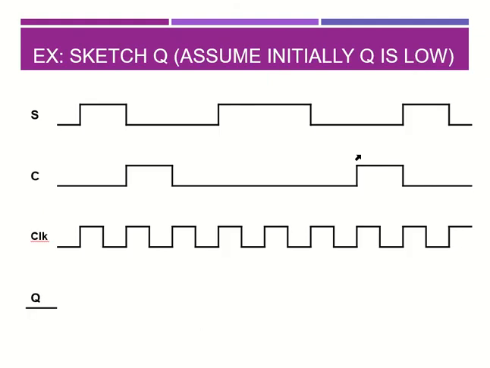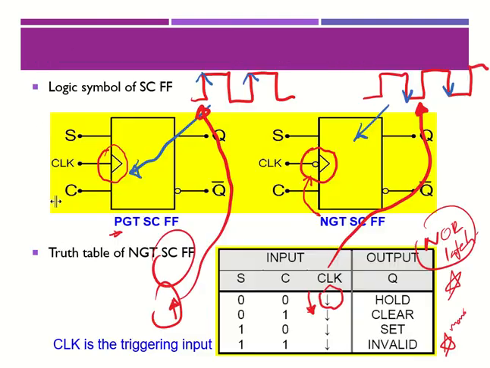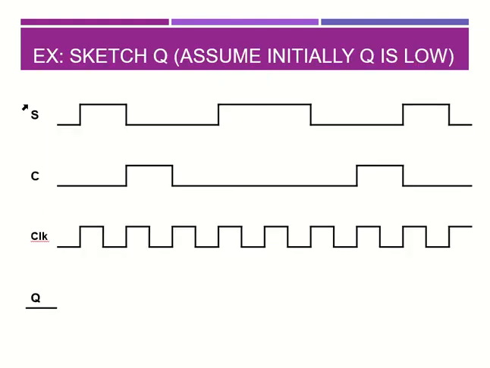So this is a timing diagram for this particular response. We have S, C, and a clock. First things first, you need to have your inputs, S and C, and you also have a clock.